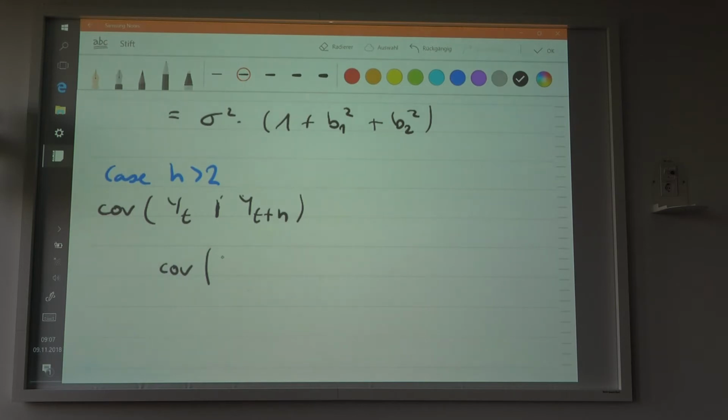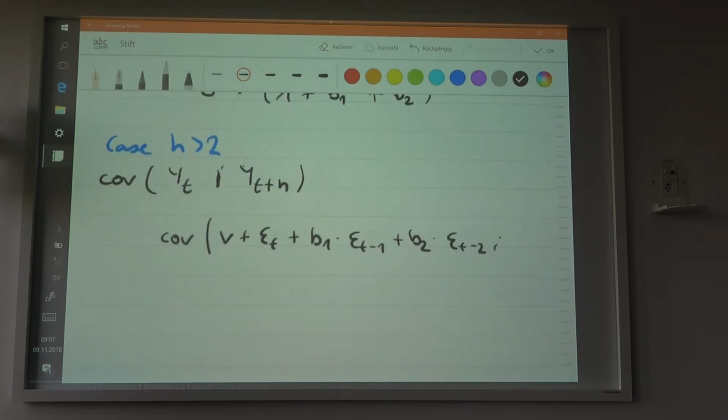So here you have the constant plus the white noise, plus B1 times epsilon t minus 1, plus B2 times epsilon t minus 2. That's going to be the first expression.